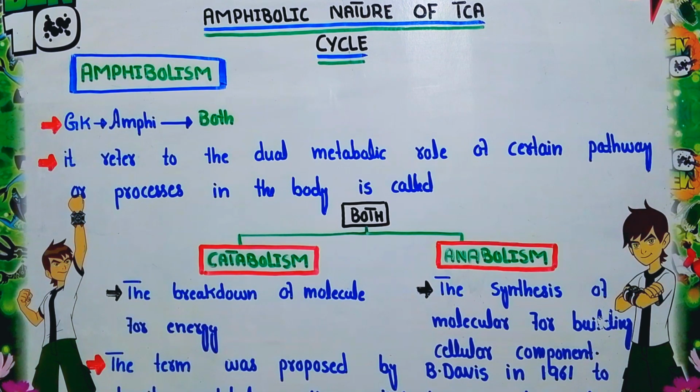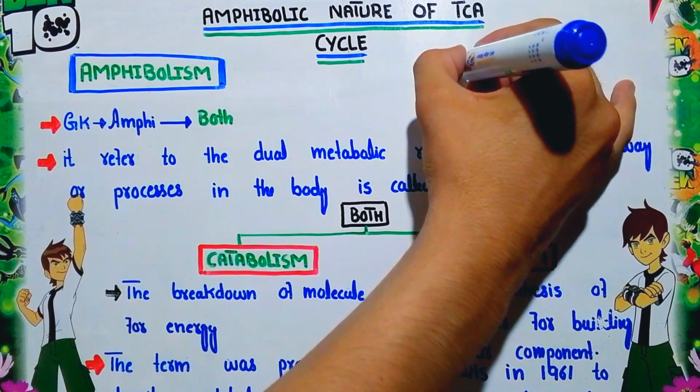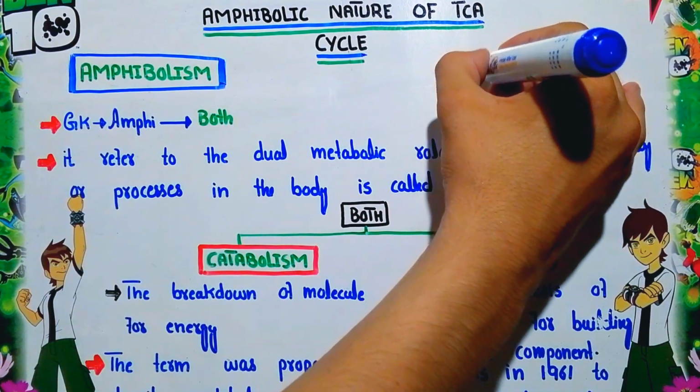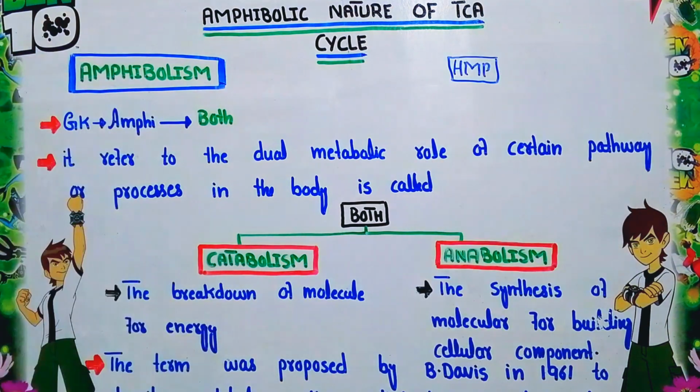The best examples of amphibolic pathways are the TCA cycle, the tricarboxylic acid cycle, and the hexose monophosphate shunt pathway, the HMP pathway. These are the best-known examples of amphibolic pathways.